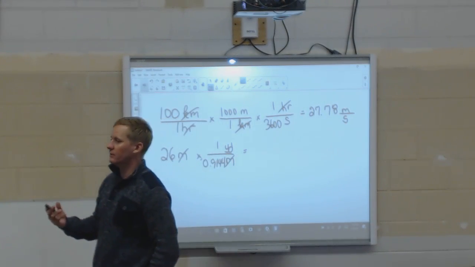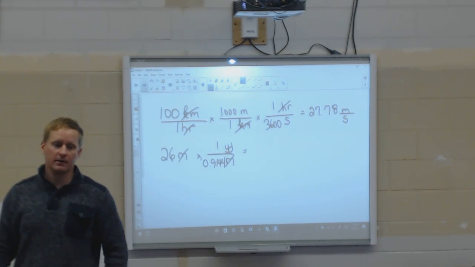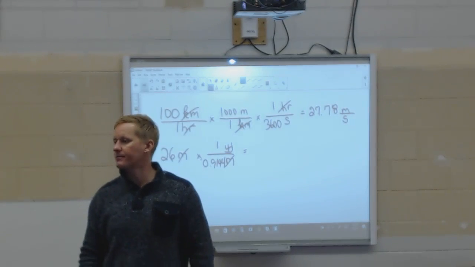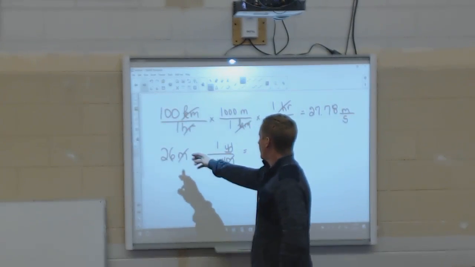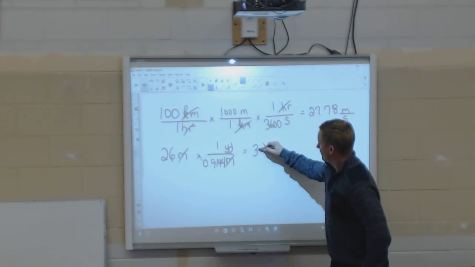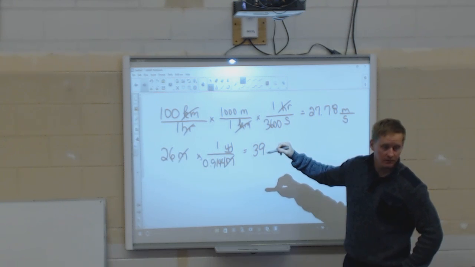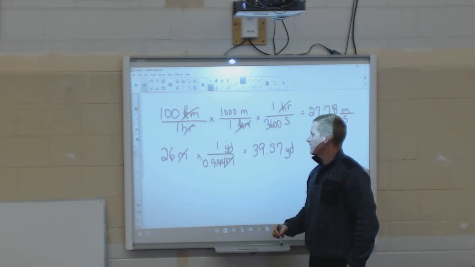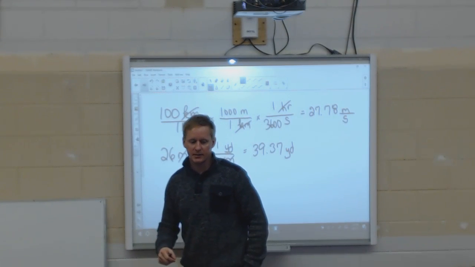Even in a fraction, that line means divide. So if it's on the bottom of that fraction, you have to divide by it. So I take 26 and I divide it by 0.9144, and what do I get? 39.37 yards. So there's 39.37 yards in 26 meters.